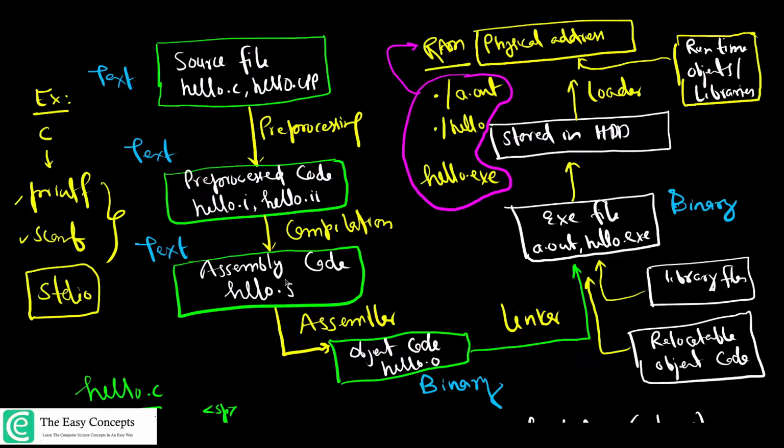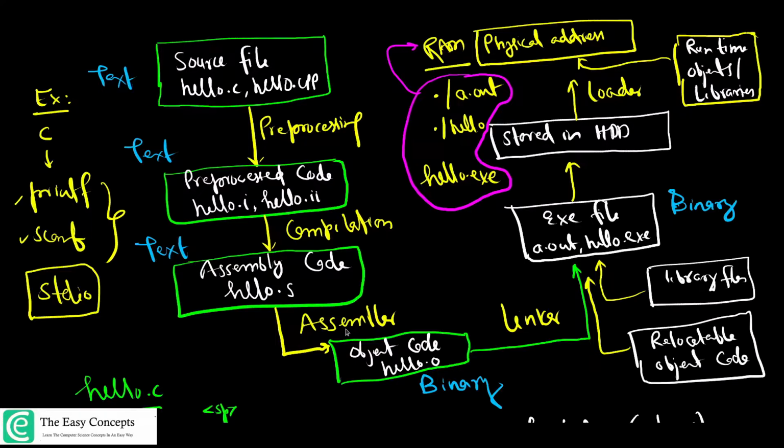Now we have to create a different compiler for each programming language, but the same assembler is going to work for both, right? So we don't need to create multiple assemblers for multiple languages. If they have similar assembly code, the same assembler will work for all the languages that generate similar assembly code, right?